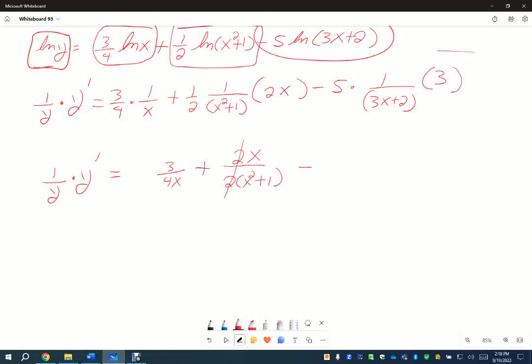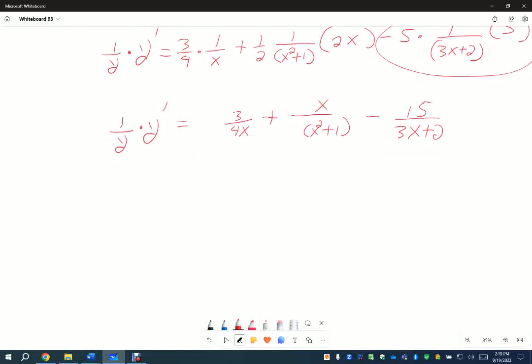Minus, on this one, top times top, 5 times 3 is 15, and bottom is 3x plus 2. Since I've reduced that out, this is my final reduced fractions. And now I'm going to multiply both sides by y, and y prime is my derivative.